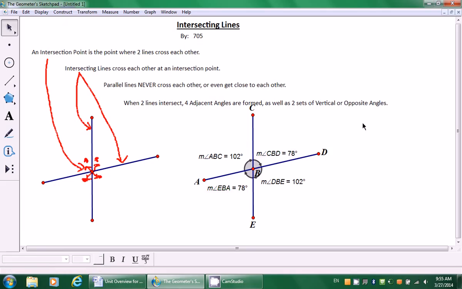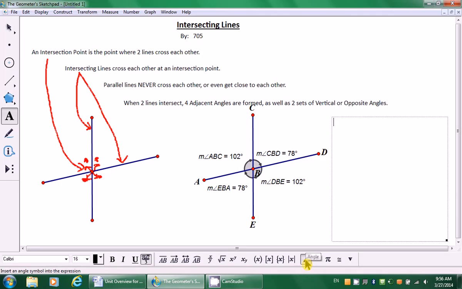Okay, so let's write some conclusions about what we learned or what we demonstrated in this assignment. So I'm just going to reduce the font just a little bit. Okay, so let's talk about angle ABC and angle DBE. Let's open up the symbolic notation window.